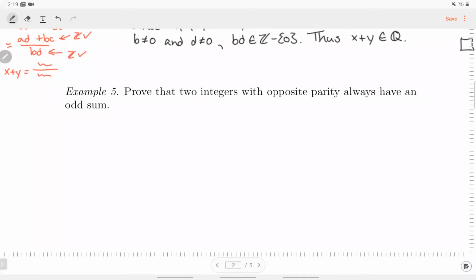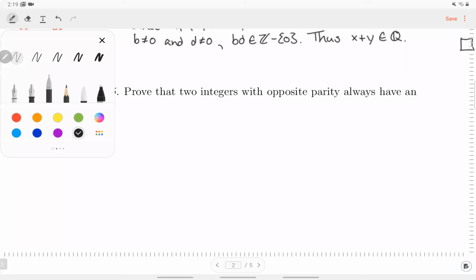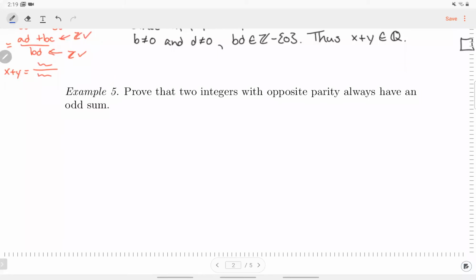So next one, prove that two integers with opposite parity always have an odd sum. So we need to figure out our if-then. So we're saying if a and b are integers with opposite parity, I'm going to abbreviate opposite, then a plus b is odd.